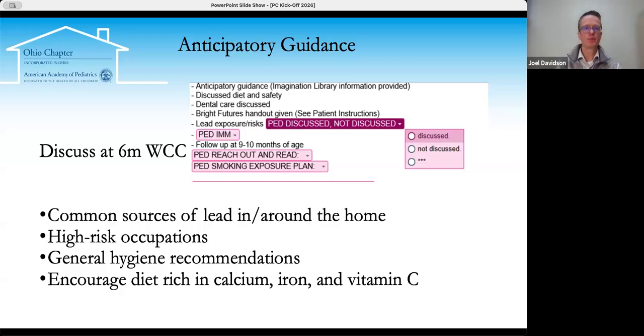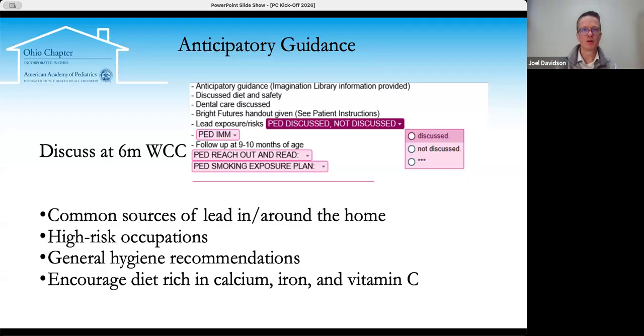So we talked a little bit about common sources of lead. You can help families identify that. Is there any peeling or chipping paint in your home? Do you have older windows? Is there spatially a window close to or at the child's level where they're chewing on any surfaces that might be older or painted? Are there leaks of water around the house that are disrupting layers of surfaces where lead is existing, that you can identify that might be a concern?